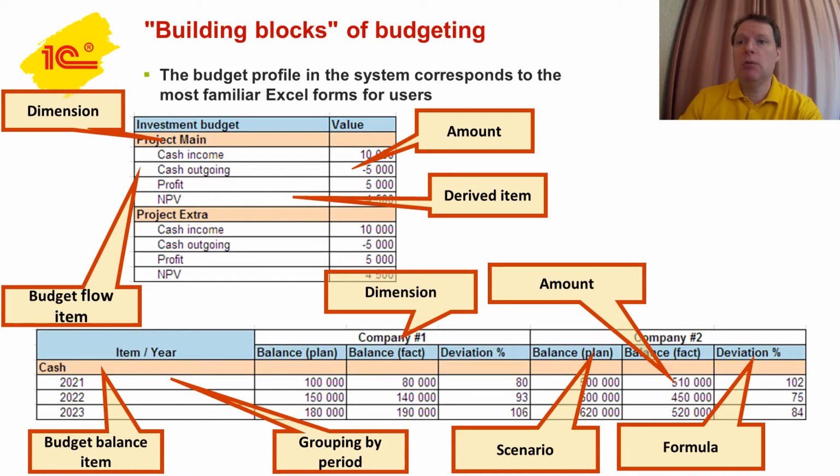But we can see common types of blocks in these tables: dimension, period, budget flow item, budget balance item, amount, scenario, formula, derived item, and all the budgeting blocks. We made them in the 1C ERP as master data elements.